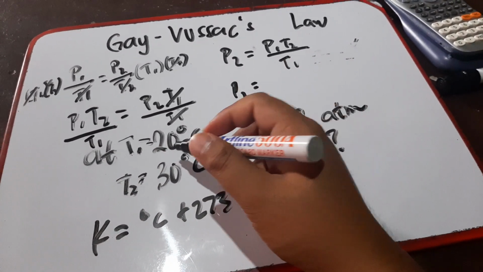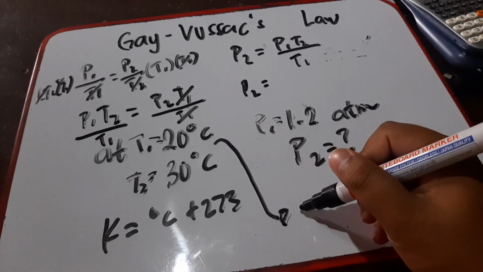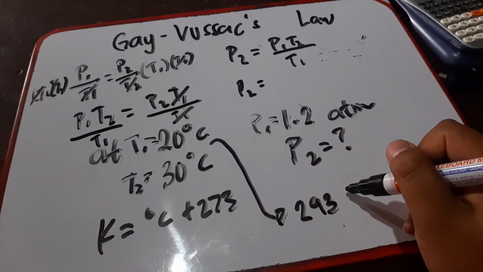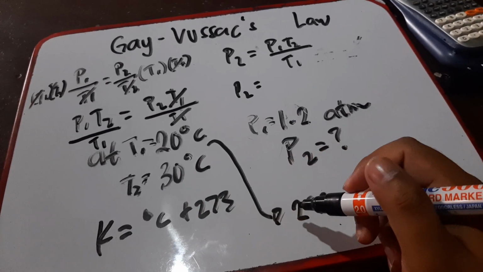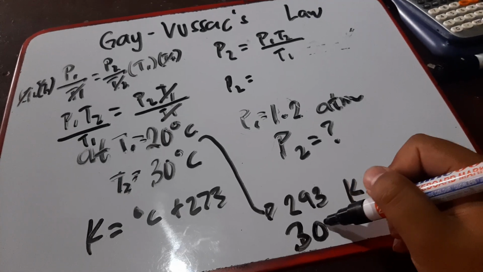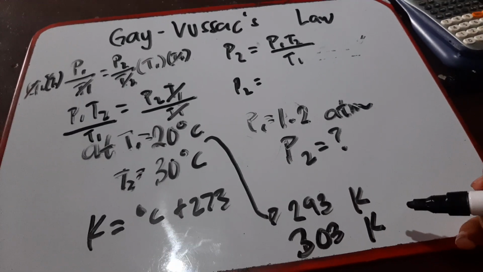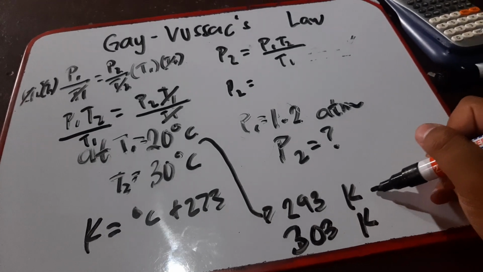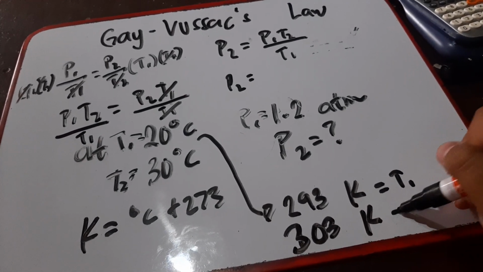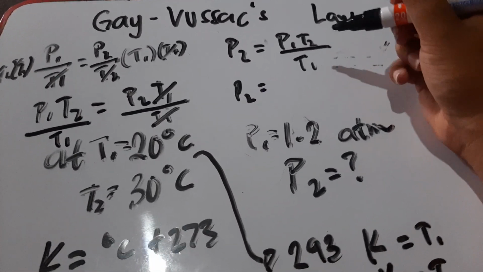So 20 plus 273, that would be 293 Kelvin. 30 plus 273, that would be 303 Kelvin. Alright, so this is my T1, and this is my T2. Now I can input them.